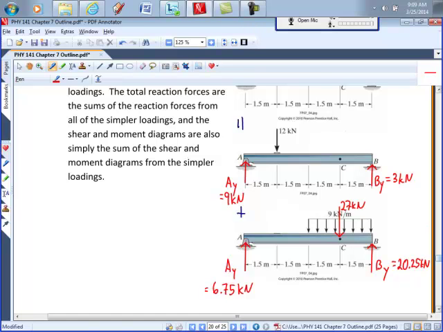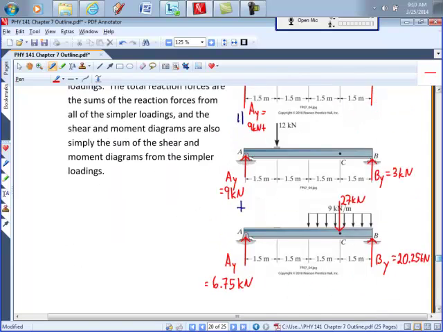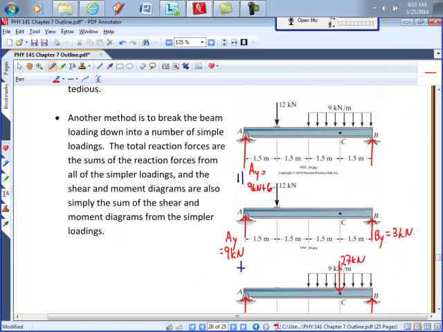Okay, so from those two, we can figure out the support reactions at A and B on the whole beam. So Ay is going to be 9 kilonewtons plus 6.75 kilonewtons equals 15.75 kilonewtons.